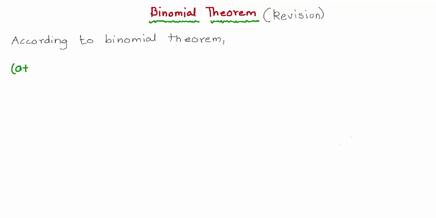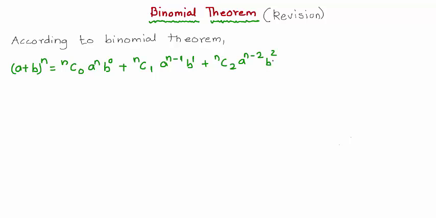So we'll start from that expansion, that is (a + b)^n is nC0 a^n b^0, plus nC1 a^(n-1) b^1, plus nC2 a^(n-2) b^2, plus, again we continue in this way, and the last term will be nCn a^0 b^n. Alright, now we have studied this binomial theorem in detail with different pointers.